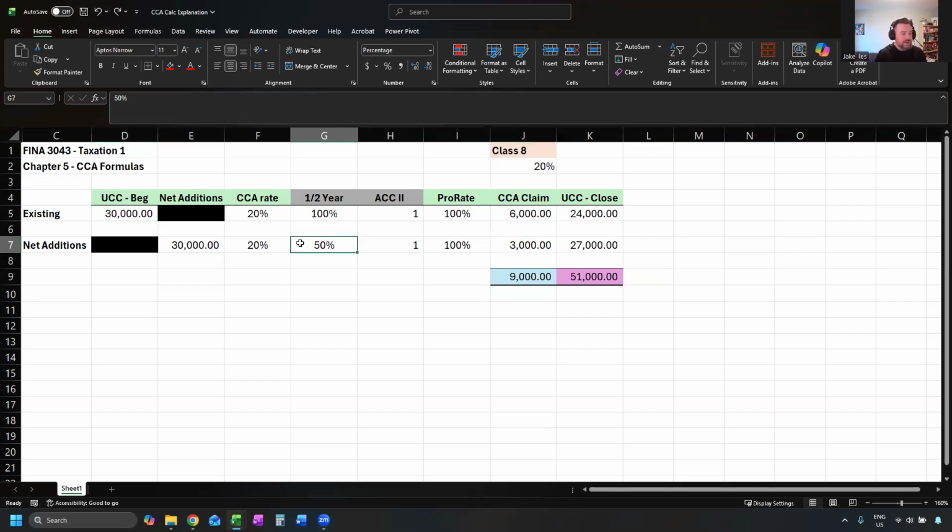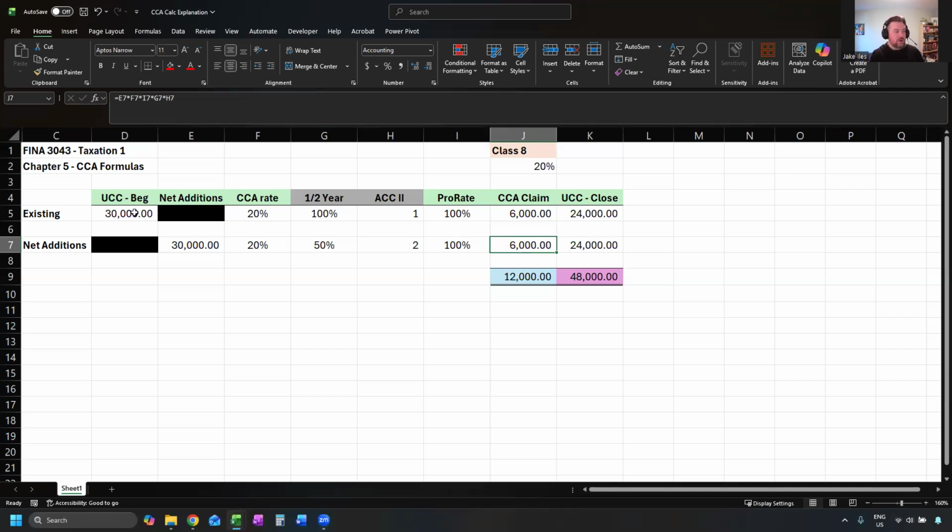Coming back to the half-year rule, when it applies, I think students are unsure because right now the accelerated incentive is in place. So when the half-year rule applies, the accelerated incentive right now is saying, let's double that. It takes our half-year rule times 2, and that just brings our CCA claim back where it was.